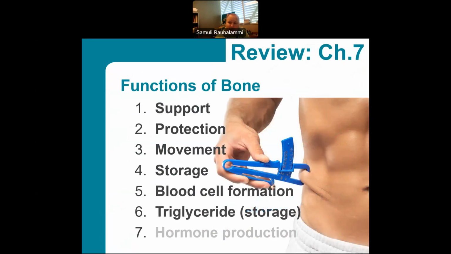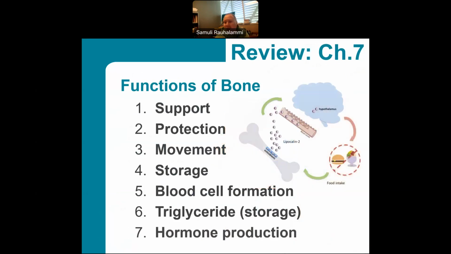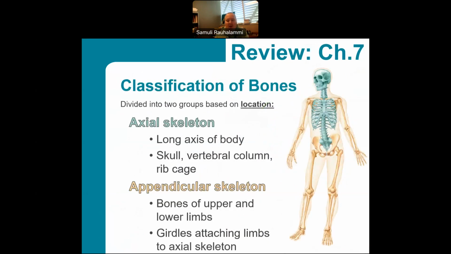We'll also see that bones, especially the yellow bone marrow, serve as a storage place for fat and fatty tissue. And we'll see the role of the skeleton also in our endocrine system regulation, so hormone production. So there is a lot more going on with the skeleton than many of us would initially intuitively think.